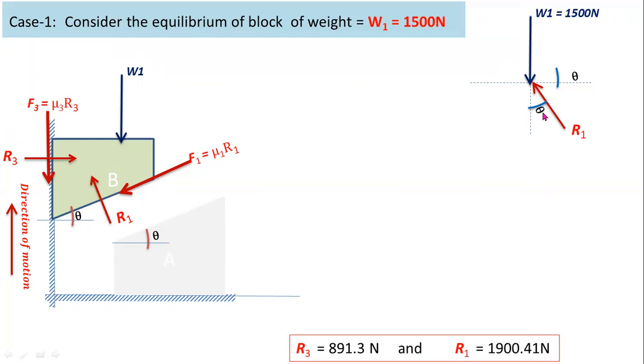Then theta is the angle of inclination with respect to the y-axis. Now you have to consider this frictional force, which makes an angle theta with respect to horizontal. Now you have to consider the R3 and F3 forces. R3 is the horizontal reaction force and F3 is the vertical frictional force.